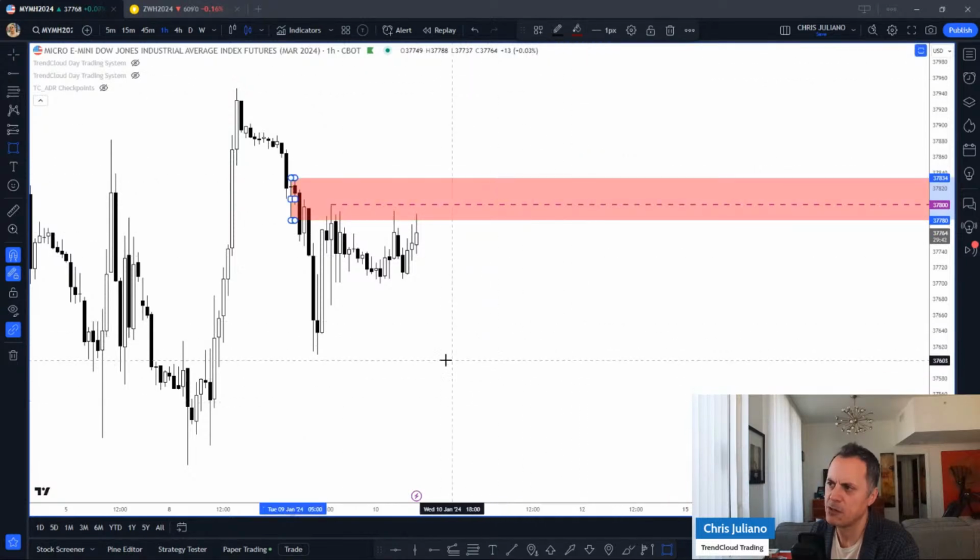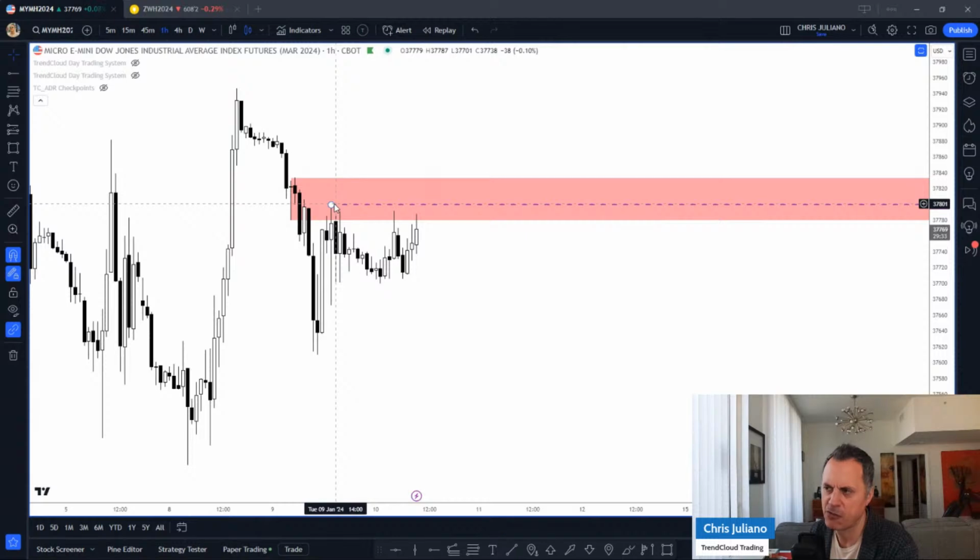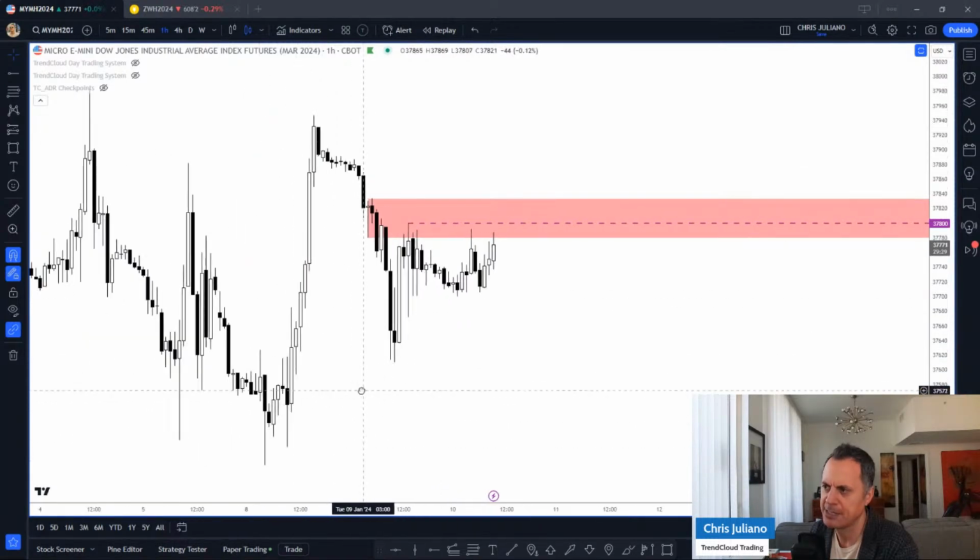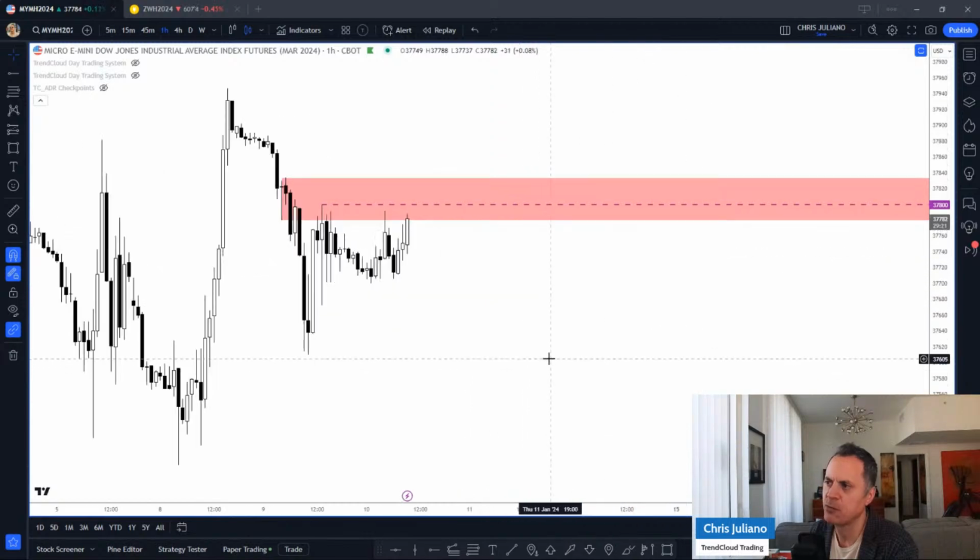There's your supply zone. This formation, this imbalance between buyers and sellers, didn't follow through. It did not come down and break through all of this. It just came down and is going sideways.